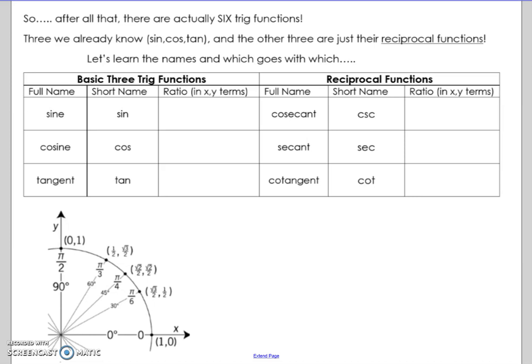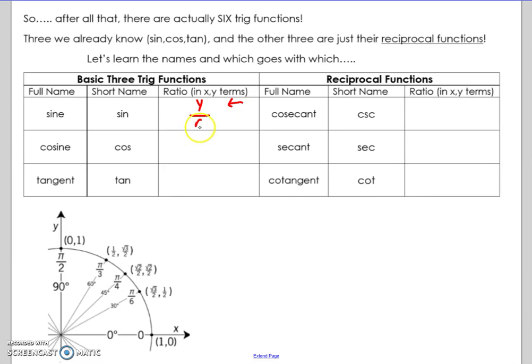problems. So we've done all of our ratios for sine, cosine, and tangent. Those are the basic ones that we always see. Let's fill in the ratio as far as x and y. Sine is y over r, but in the unit circle we just focused on the y coordinate.